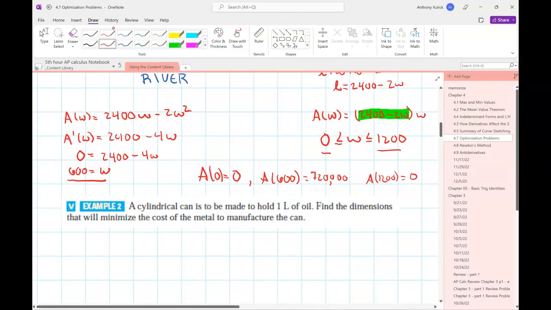Okay. Does everybody feel okay so far? So one of my dimensions is 600. How am I going to find the length then? And just plug it back in up there, right?